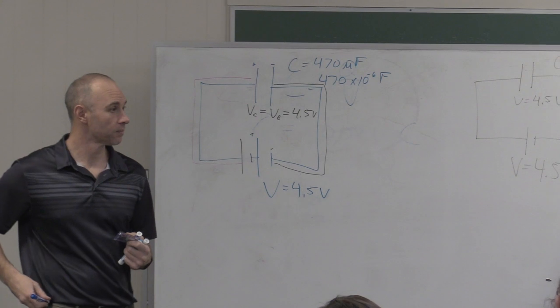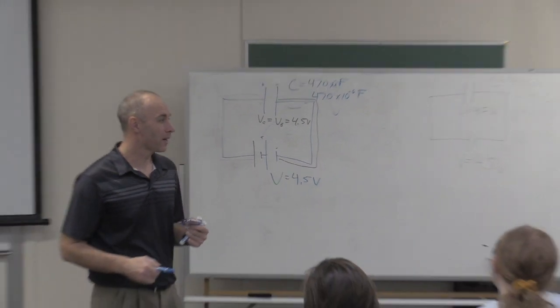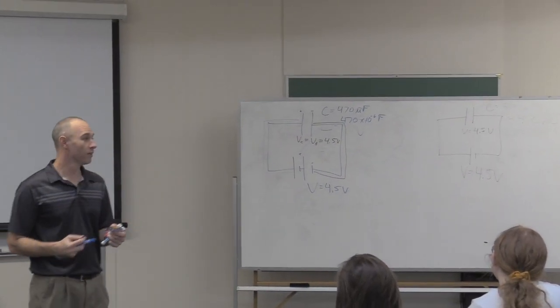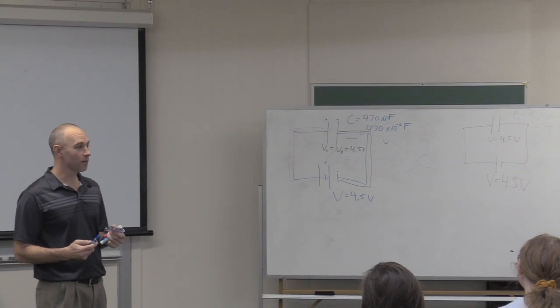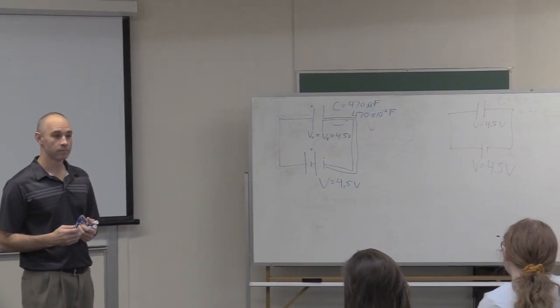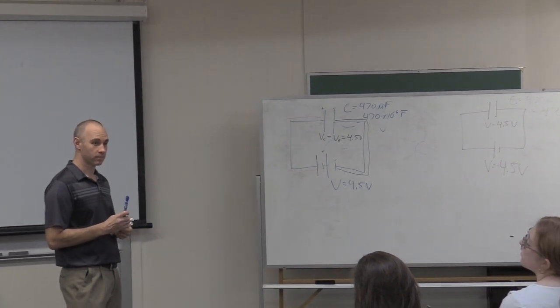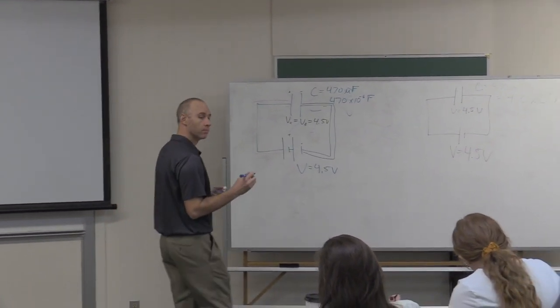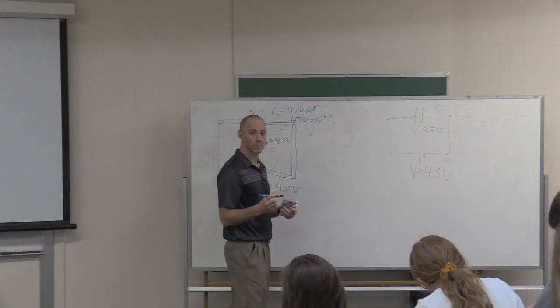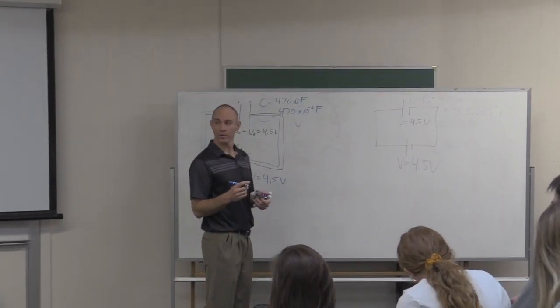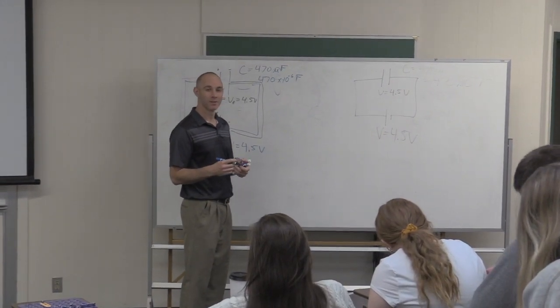Make sense? Now that I know the voltage across the capacitor and I know the capacitance of the capacitor, can you figure out how much charge is on that capacitor? Yeah? How? Is it multiply the capacitance by the voltage? Why would you do that? You're 100% right.